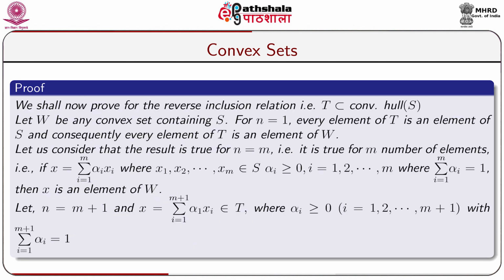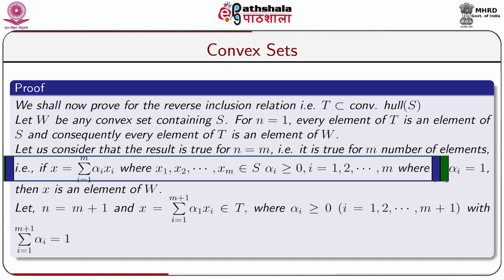We shall now prove the reverse inclusion relation, that is, T is a subset of the convex hull of capital S. Let capital W be any convex set containing capital S. For n equal to 1, every element of capital T is an element of capital S, and consequently every element of T is an element of W. Let us consider that the result is true for n equal to m, that is, it is true for m number of elements.